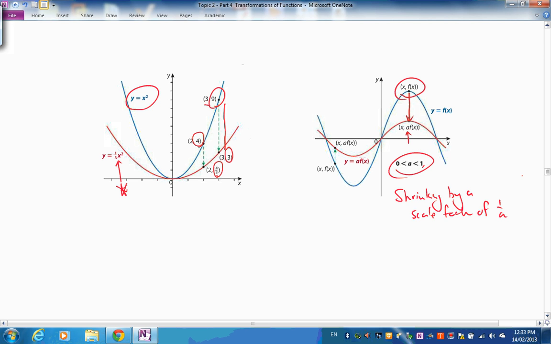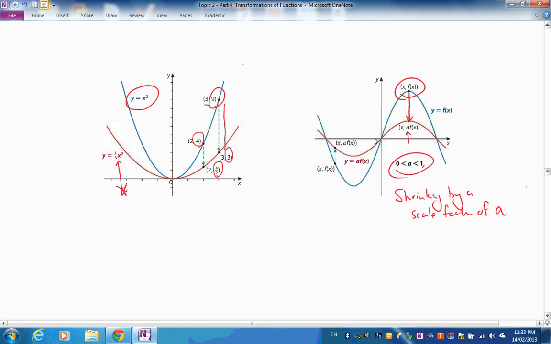So here, a is less than 1. That's a fraction. So if a is a scale factor, we really should say if a is a fraction itself, a scale factor of a, because a will be itself a fraction, a half or a third. So you don't actually have to put 1 on a in that context. All right, so fractions shrink it.